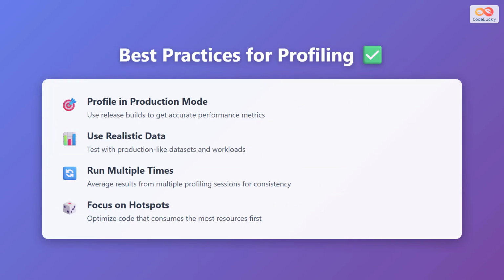Following best practices ensures accurate and useful profiling results. Always profile in production mode using release builds to get accurate performance metrics, since debug builds include extra overhead that skews results. Use realistic data by testing with production-like datasets and workloads, as performance characteristics often differ significantly between small test data and real-world scenarios.